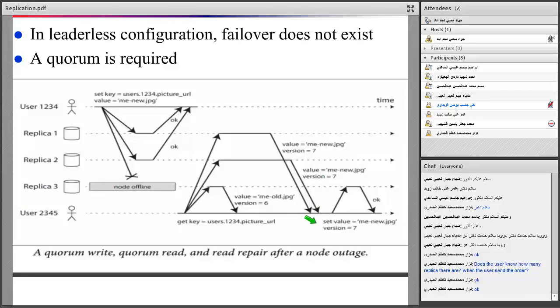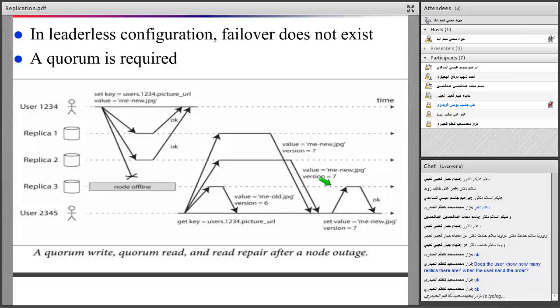User 2345 sends a message to replica 3 to let it know the image is updated, and the latest version is version 7, and the latest image is me-new.jpg, not me-old.jpg.